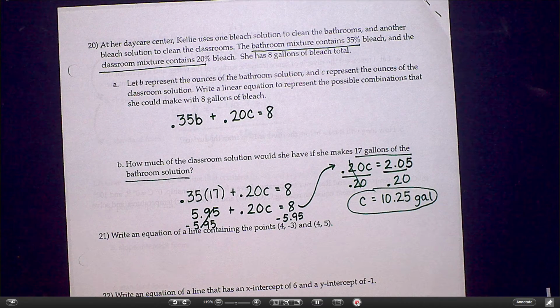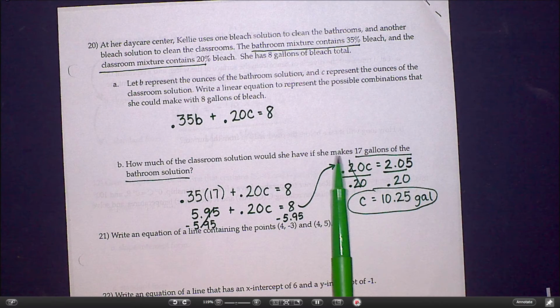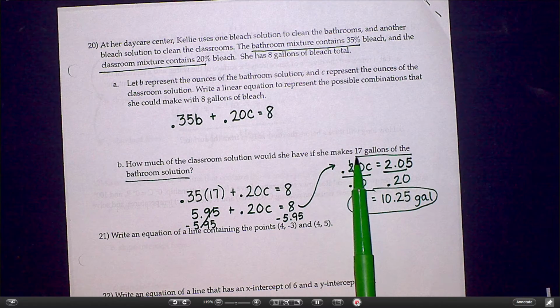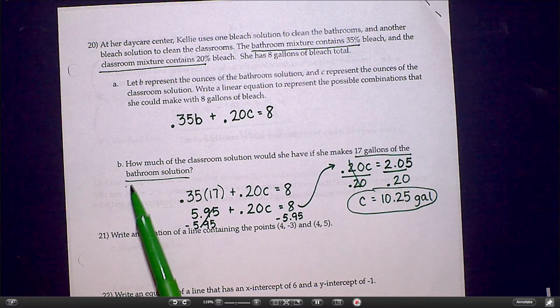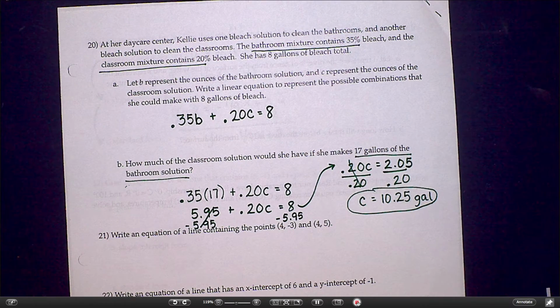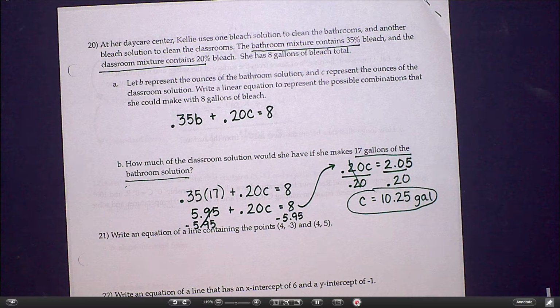Okay? That's all there is to that one. So really the hardest thing about a question like this one is figuring out where that 17 needs to go. Alright? So pay attention. This is 17 gallons of the bathroom solution, so that means 17 has to go in for B.